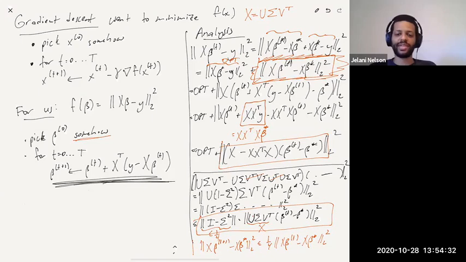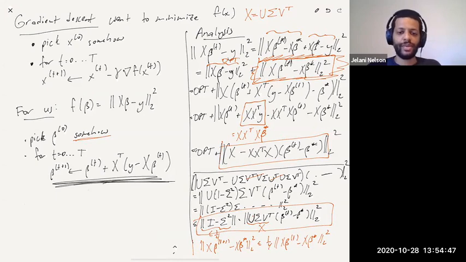When we go from t to t plus 1, it drops by a factor of a quarter, which means that if we go log 1 over epsilon iterations, we're going to drive this distance down by a factor of epsilon. Does that make sense?